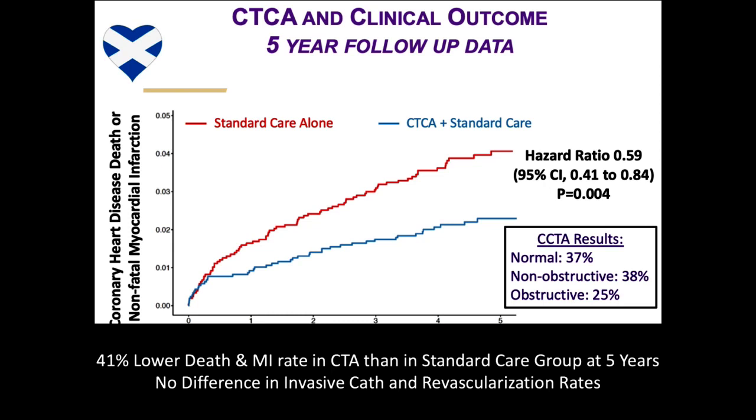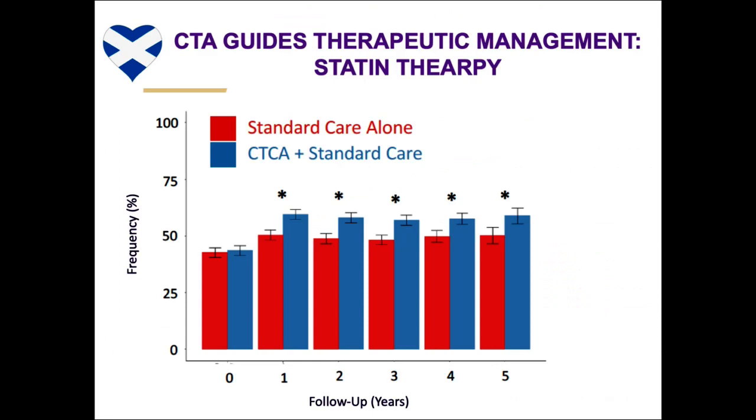And they were prompted to start medical therapy for abnormal CTA. So it's not surprising when you look at medical therapy in this trial that when you compare standard care, which is the red bars, to the blue bars, which is the CTA arm, more of the patients in the CTA arm were treated with medical therapy. And this is a chart of statin therapy.